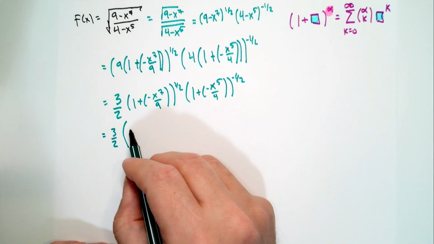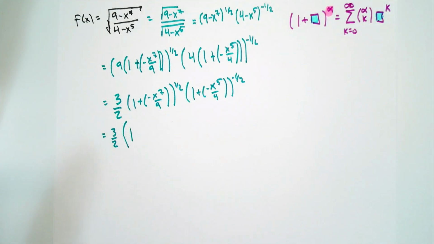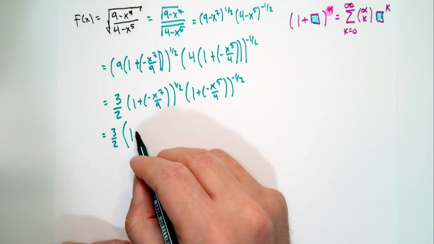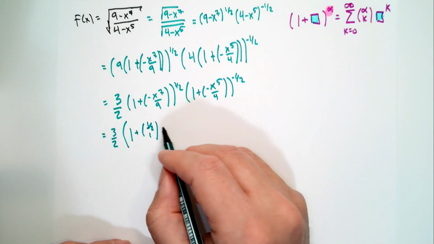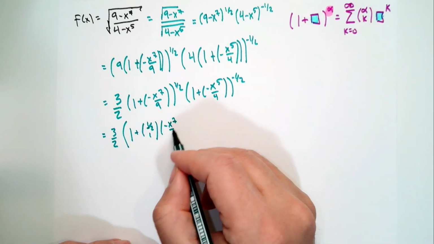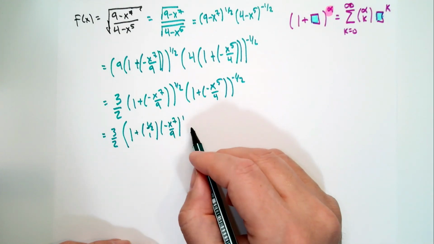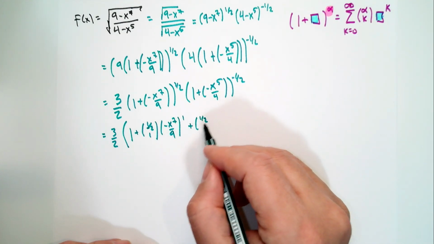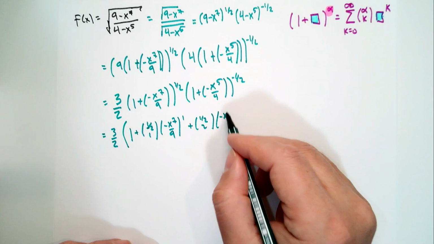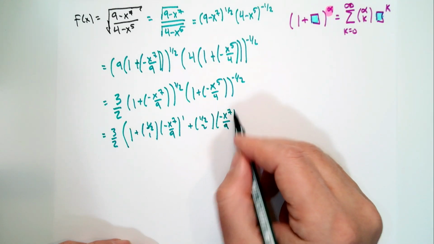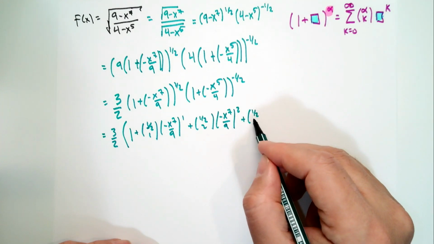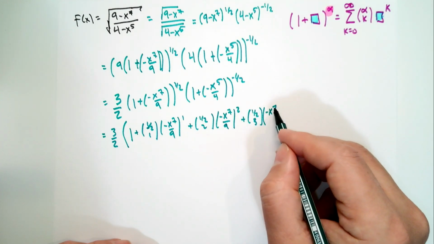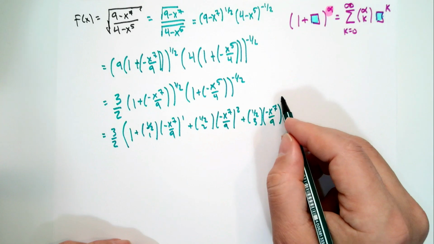It turns out the first term is always a 1. So alpha choose 0 is always 1. Plus, I'll have 1/2 choose 1 times minus x to the 7th over 9 to the 1. Plus 1/2 choose 2 minus x to the 7th over 9 squared. Plus 1/2 choose 3 minus x to the 7th over 9 cubed.